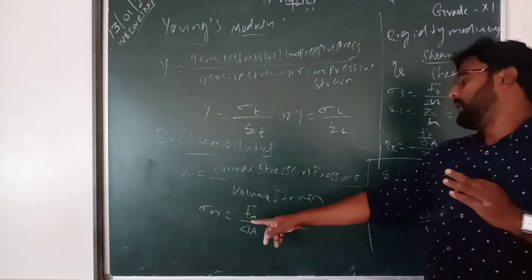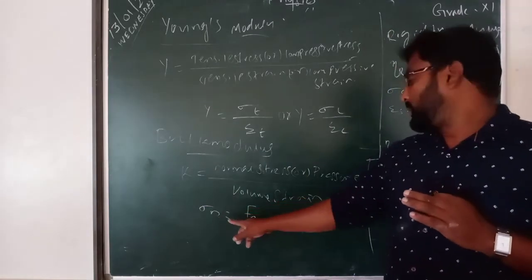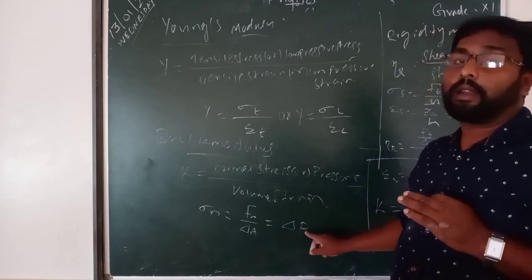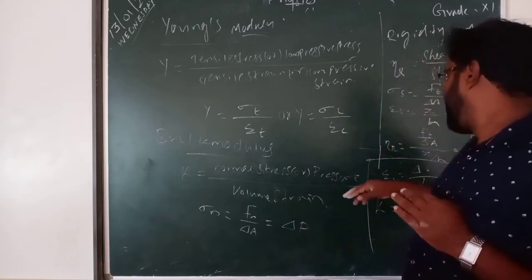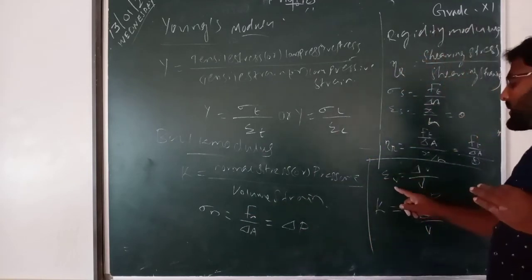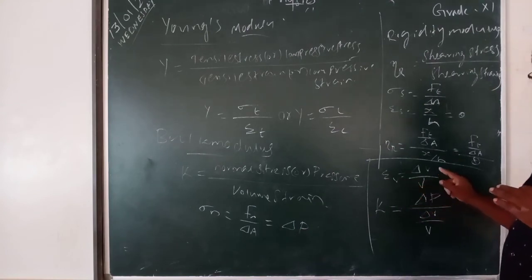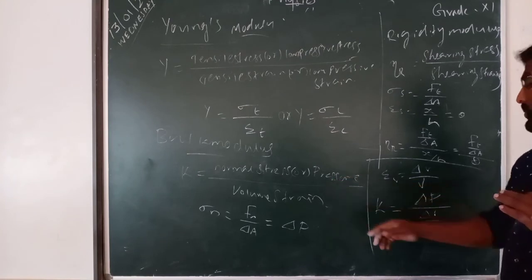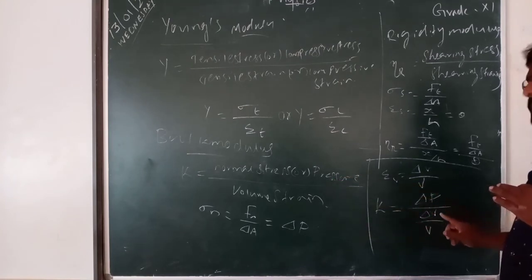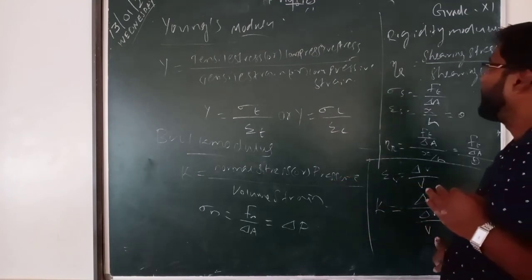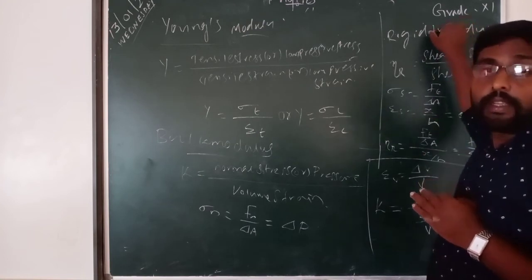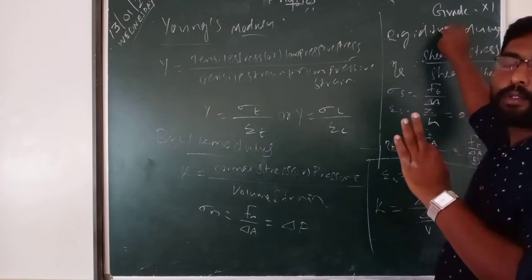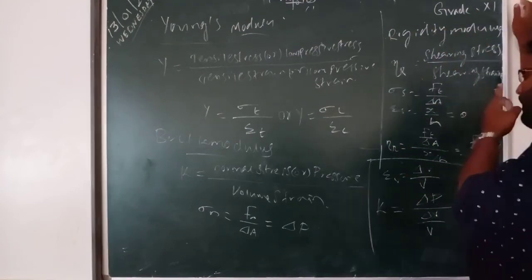For calculation, normal stress sigma N is equal to F by delta A, that we can write as delta P, and volume strain epsilon V is equal to delta V by V. Substitute these two in this formula. So K is equal to delta P by delta V by V. The rigidity modulus is defined as the ratio between shearing stress to shearing strain.